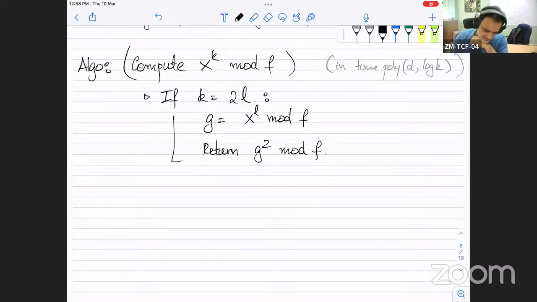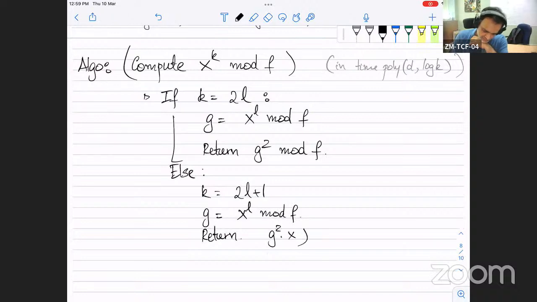That is if this happens. Else, let's say k is equal to 2l plus 1. Once again you compute g equal to x power l mod f and return g squared into x mod f.